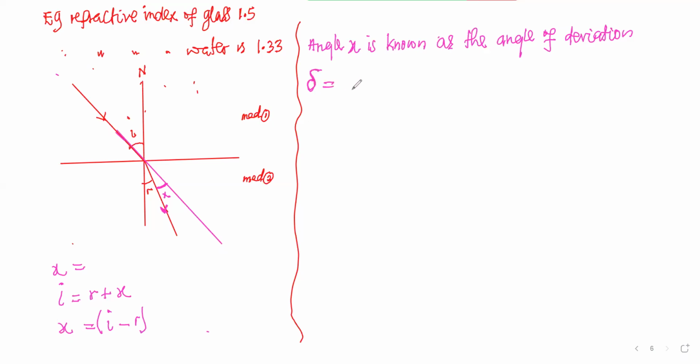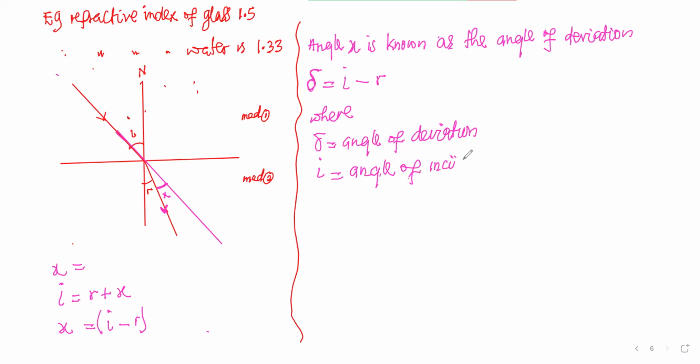Sigma is equal to I minus R, where sigma is the angle of deviation, I is the angle of incidence, and R is the angle of refraction.